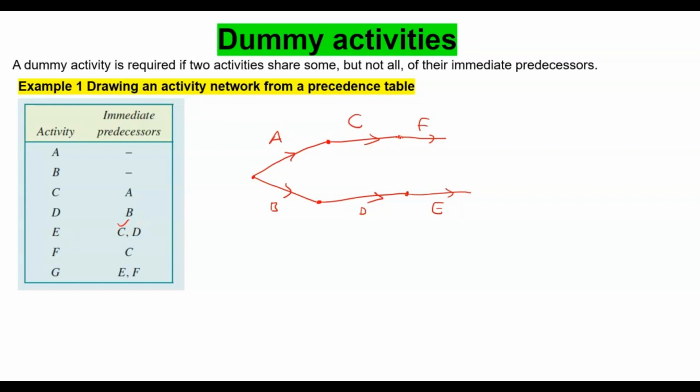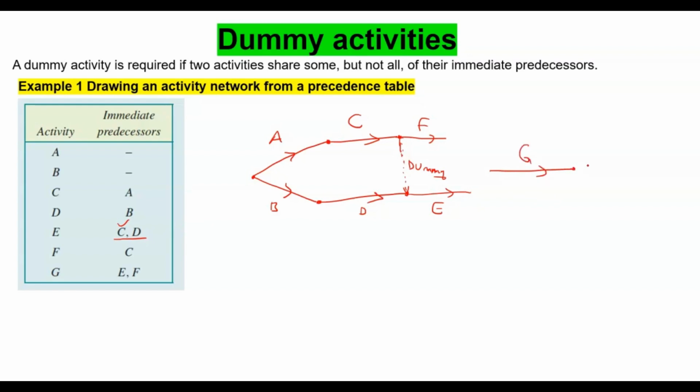So we need to use a dummy, and one thing you need to remember is a dummy doesn't have a weight, in other words, it doesn't have a number. So we just put dummy there, just to say that there is a connection, that C and D are immediate predecessors for E. Now, activity G is there, so G is the end.